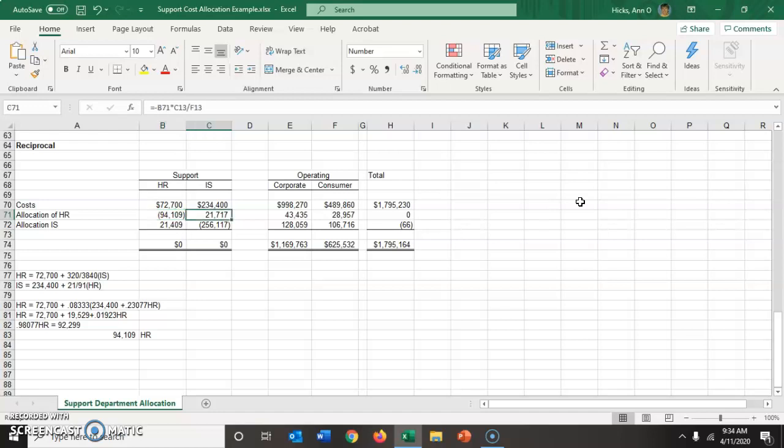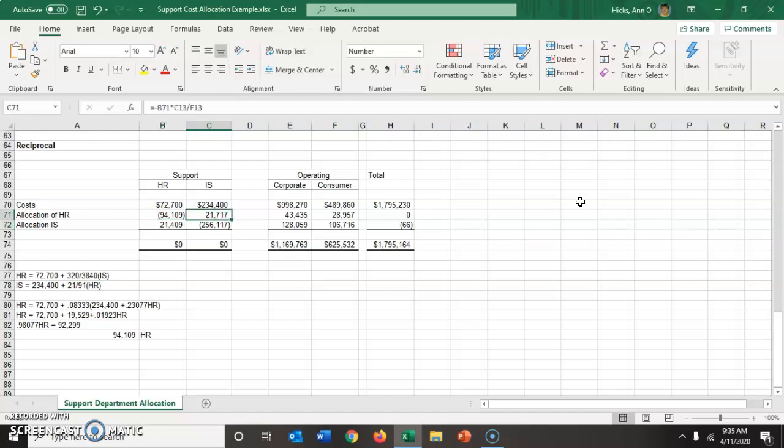And so information systems, we're assuming, is going to be allocating to HR 21,409, which is basically the difference between those, the 94,109 and 72,700.